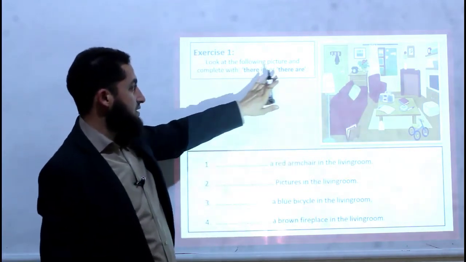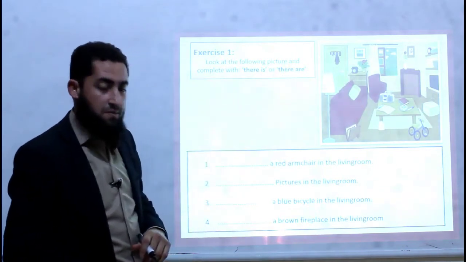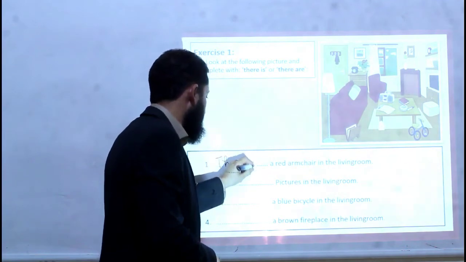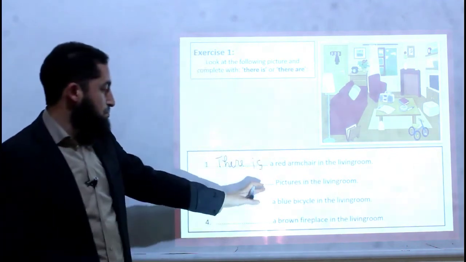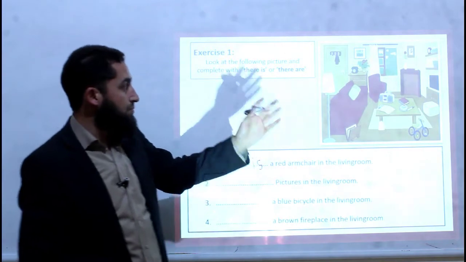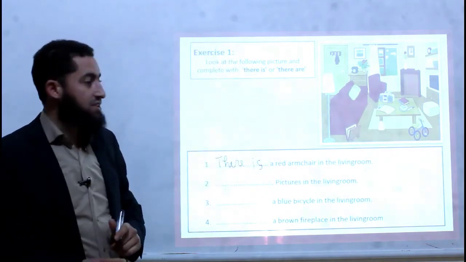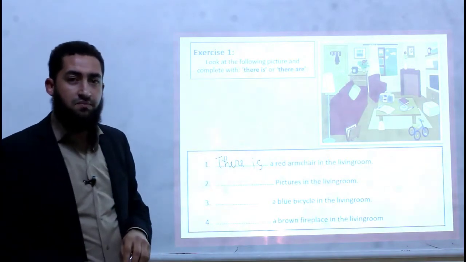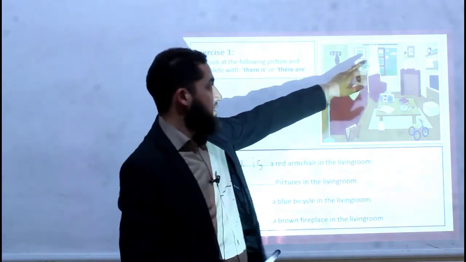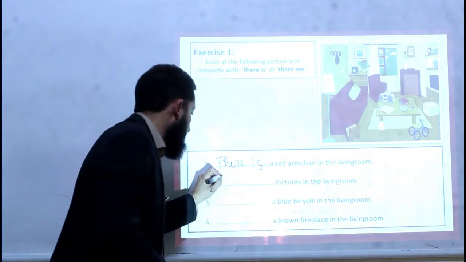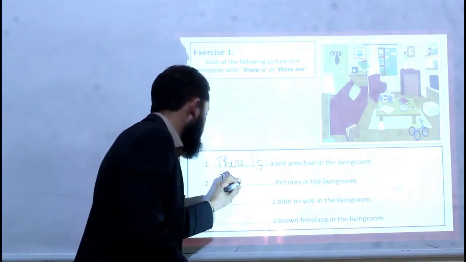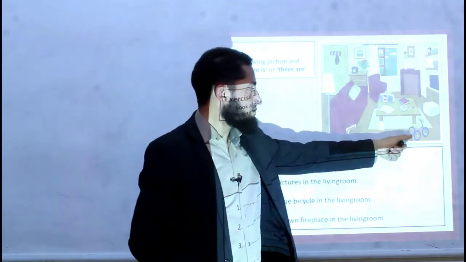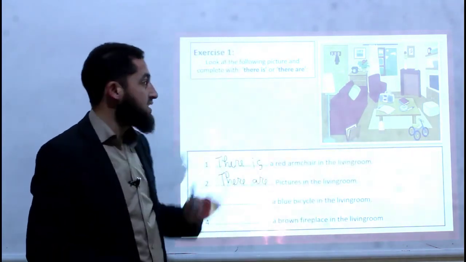So we are going to say there is, because it's 1. Pictures in the living room. Is it there is or there are? Because we have 1, 2. So there are. Very good.